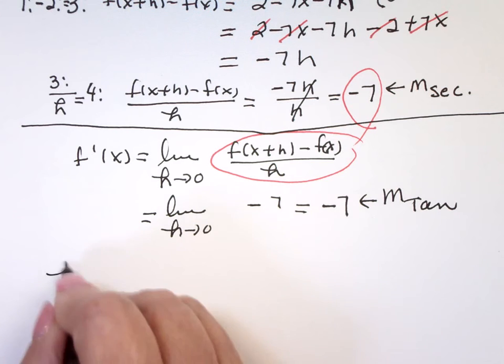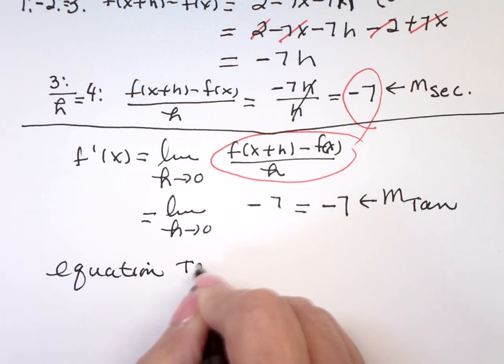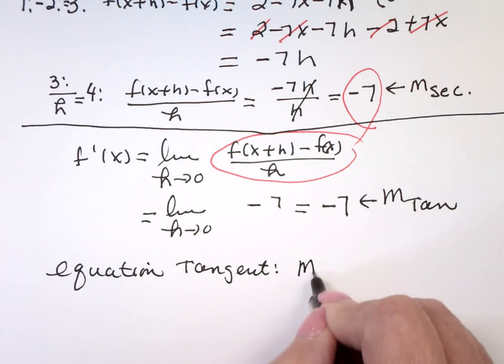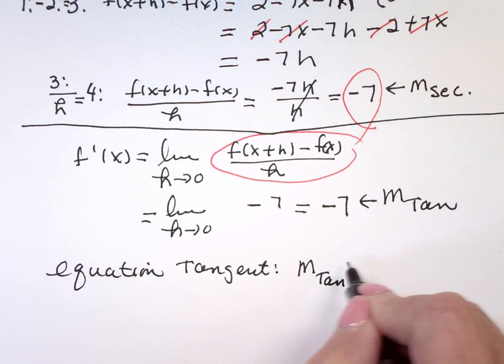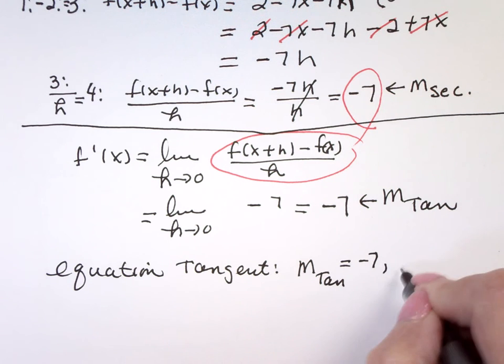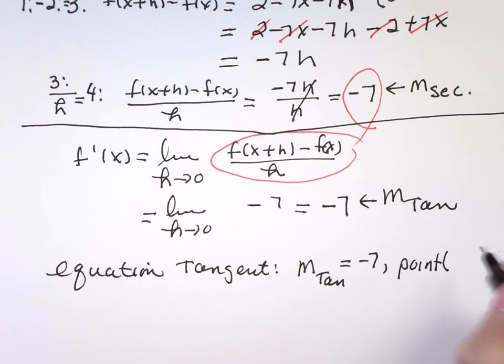So to find the equation of the tangent, I need the slope of the tangent, which is negative 7. I need a point, which is 5, negative 33.